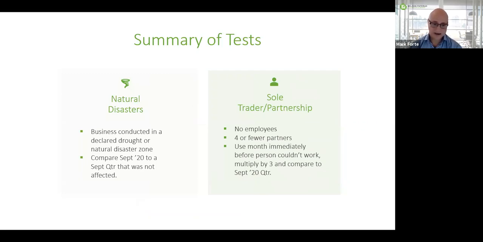And what you do is compare your September 2020 quarter to a September quarter that was not affected. So say, for example, a business was in drought in September 2019, September 2018 and September 2017, but wasn't in September 2016, then you compare September 2016 to September 2020.